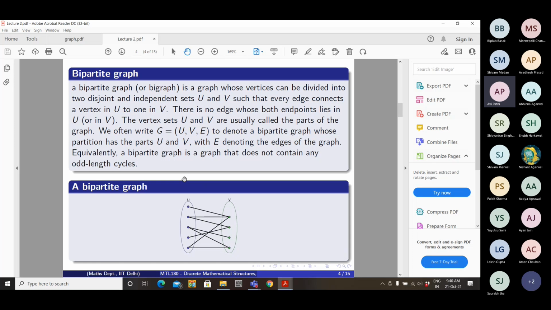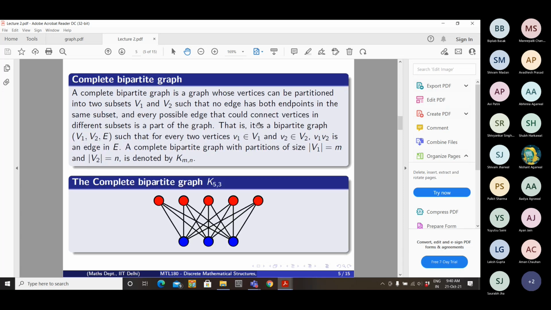Yes, exactly. In other words, if we take any vertex from U, say v1, and any vertex from V, say v2, then v1 and v2 are adjacent in G. So first of all, a complete bipartite graph is a bipartite graph, which is why its vertices should be divided into two parts.